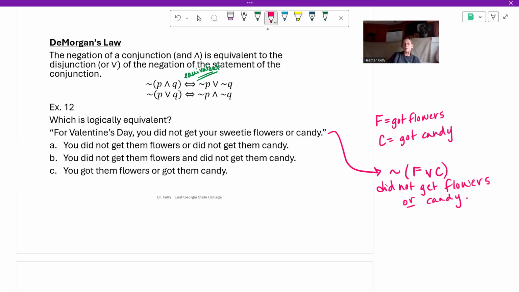Now, the way to decide which one is logically equivalent is to decide what it would need to be.